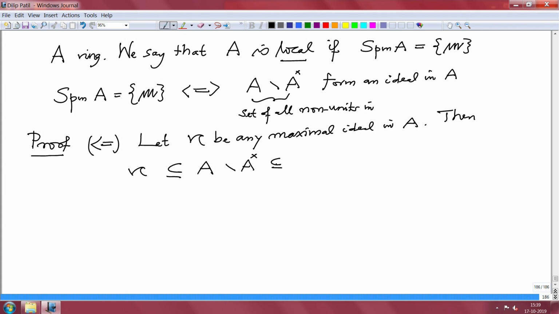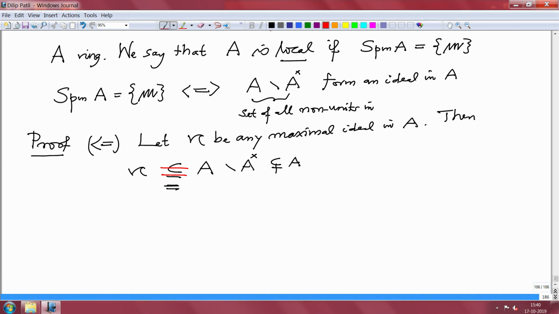This is a maximal ideal and it is not equal, so better be equality here. It is equality here. So we are starting with any maximal ideal, and we proved that the maximal ideal has to be this only. Therefore, it is unique.